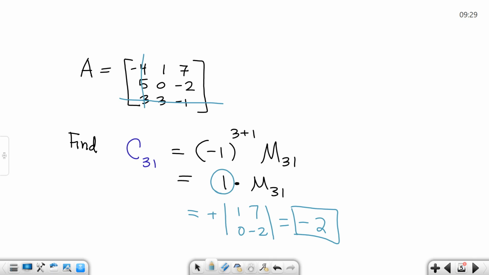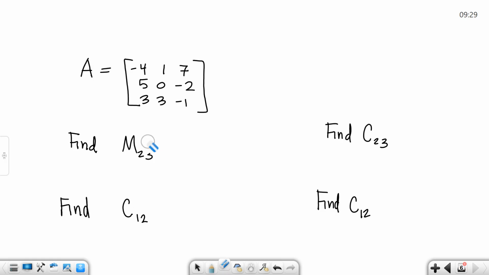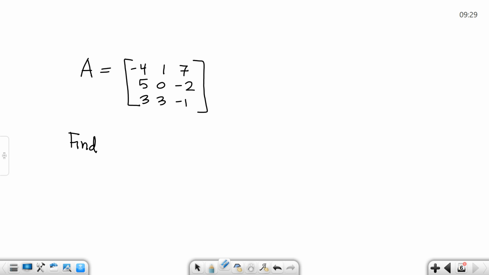I mean, that would make sense to me. But if you want to question it, feel free to check it in your calculator. All right, so what did you get for C12? Let's see.